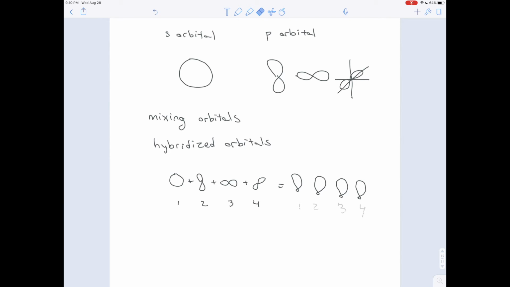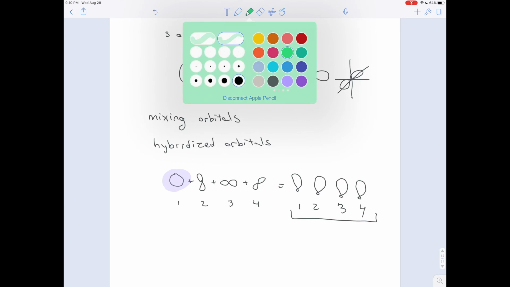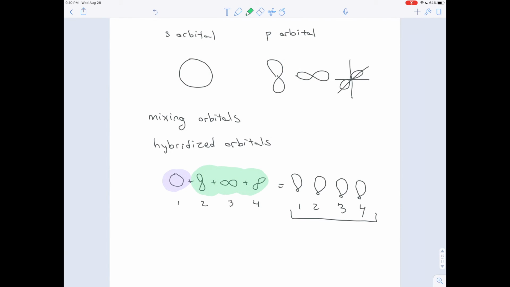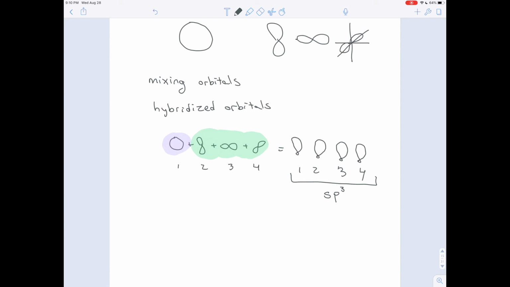And the name for these new Frankenstein orbitals, they're named after the orbitals that you mixed together to make them. So we mixed one s orbital with 3 p orbitals. And so the name for these new Frankenstein orbitals are sp3 orbitals.